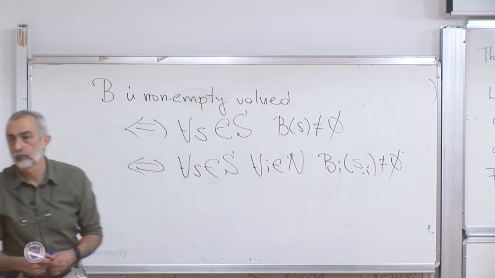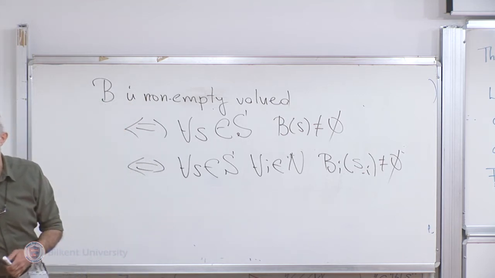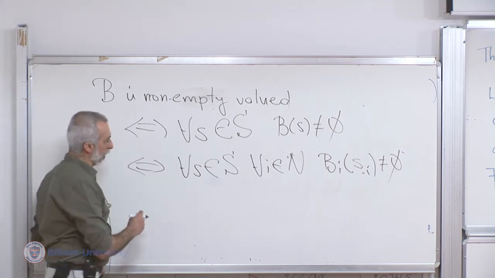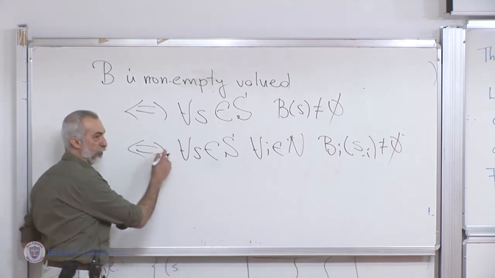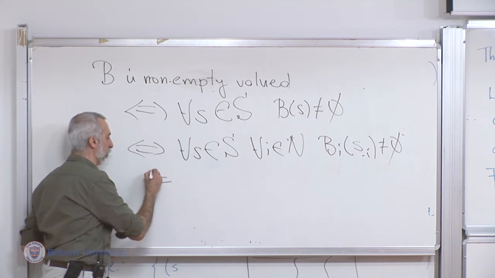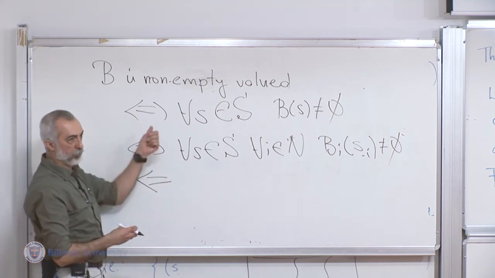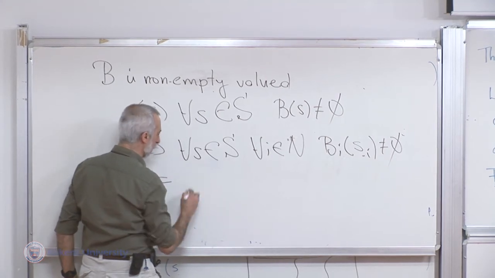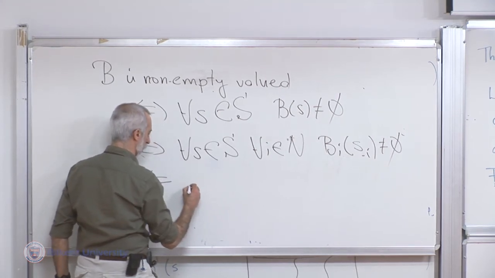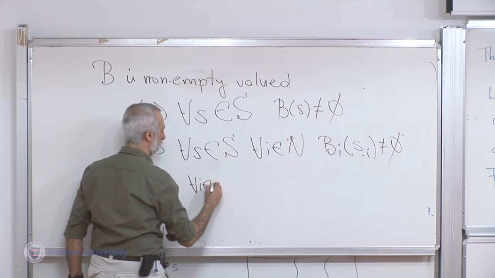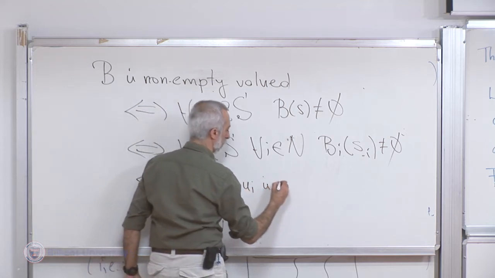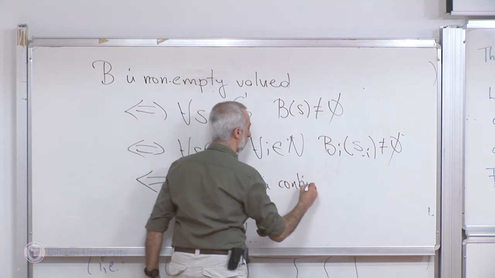Exactly. Continuity. By the way, this time it's not if and only if, so we have to be careful. The implication works upwards. This is the case since for each i in N, Ui is continuous.